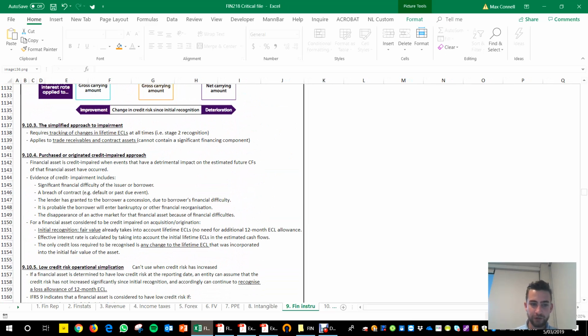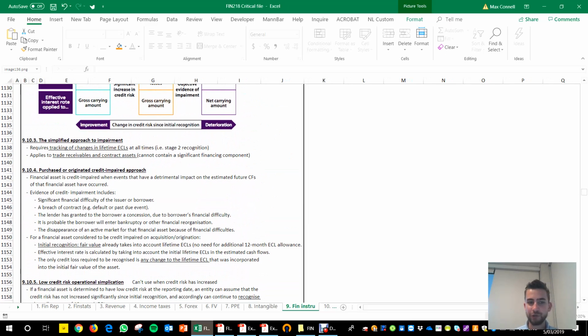The last one that we're going to talk about is the purchased or originated credit impaired approach. This is where there's actual significant impairment that may have a detrimental impact on future cash flows. For example, if you're a bank and someone has had a breach of contract, or the borrower of the money has had difficulty repaying the loan.